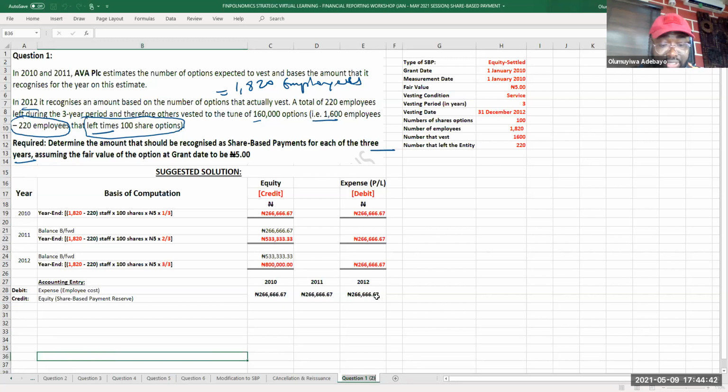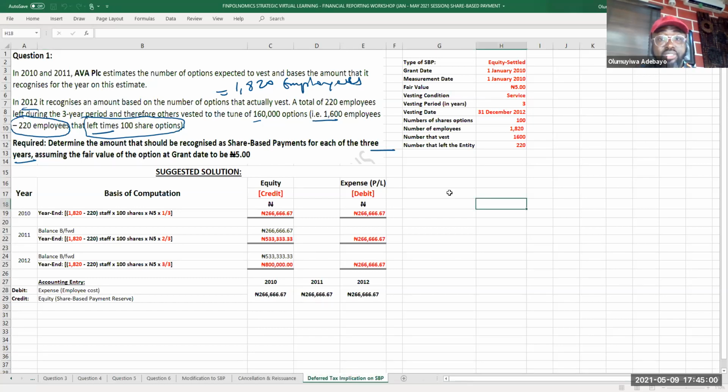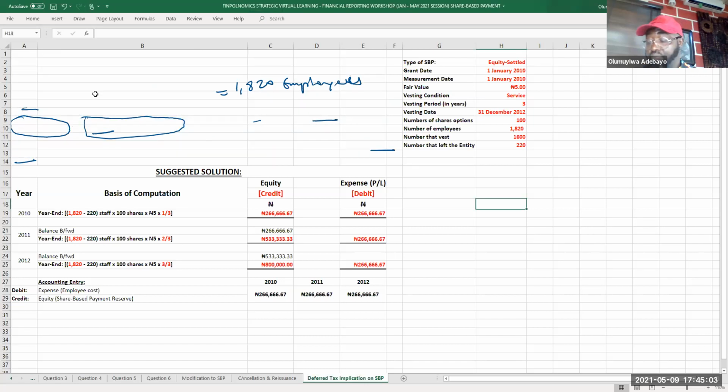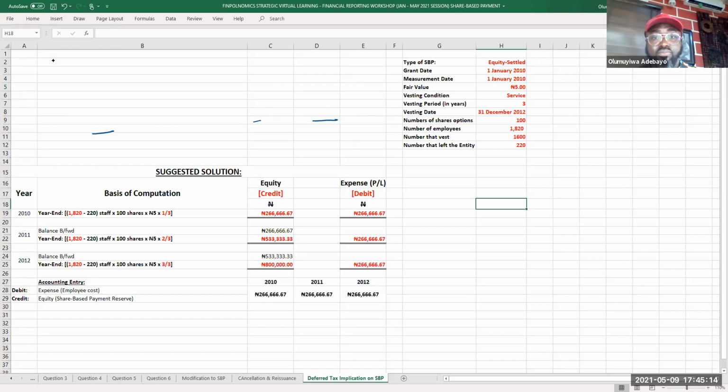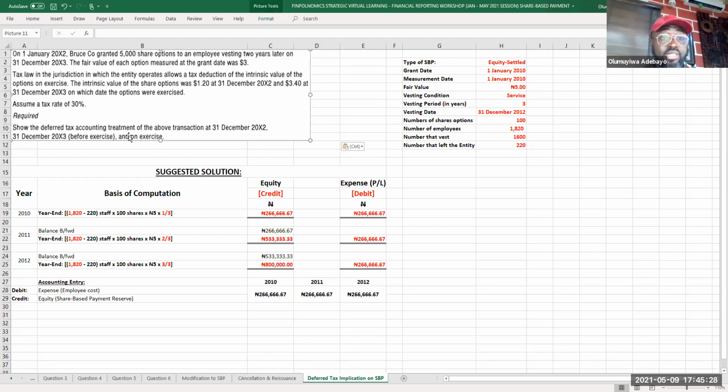This is the deferred tax implication on share-based payments. Now I'll just take this out. Let me clean all this off. This is the information we have.